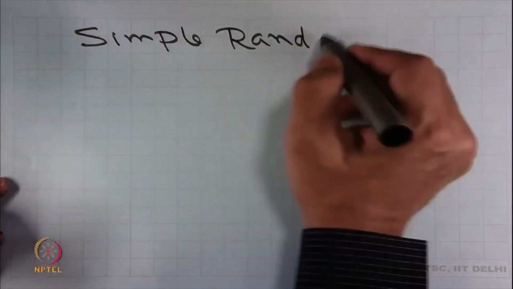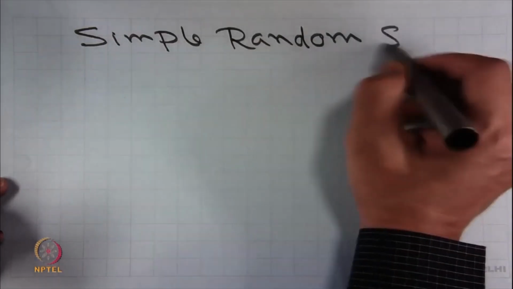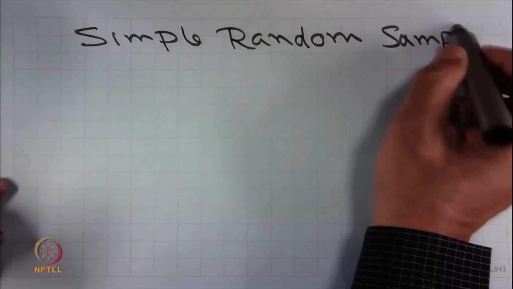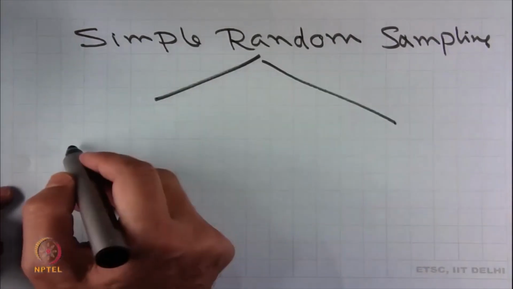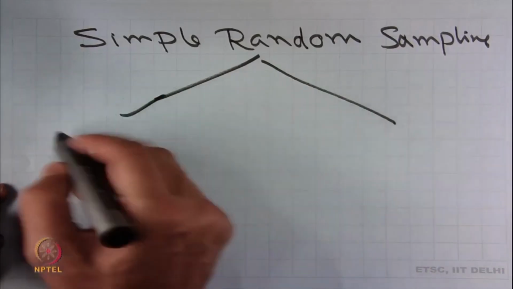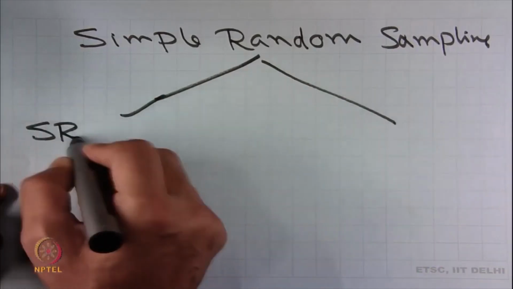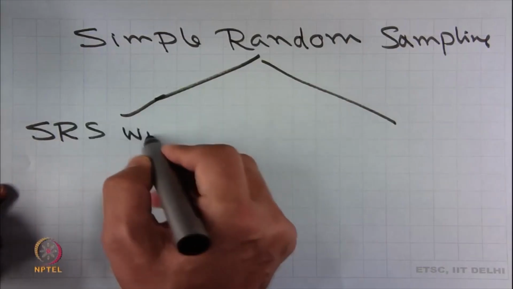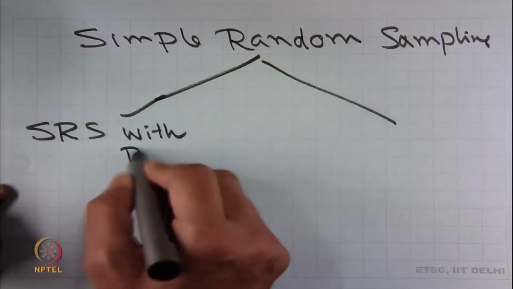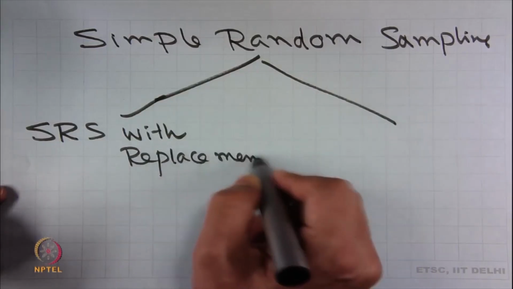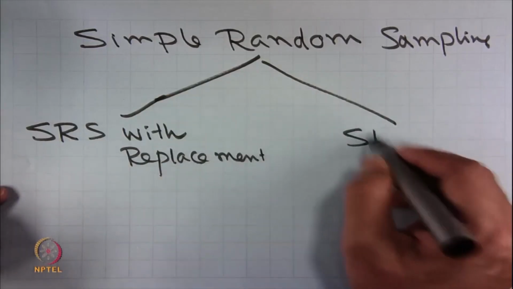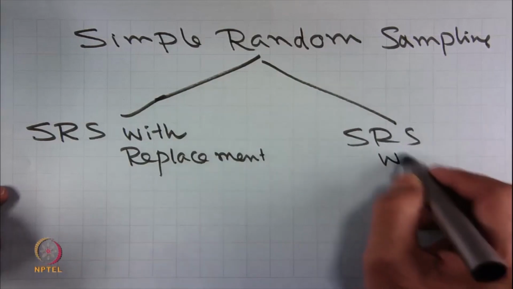So, in today's class we will be focusing on simple random sampling, which again can be subdivided into two ways: simple random sampling with replacement and simple random sampling without replacement.